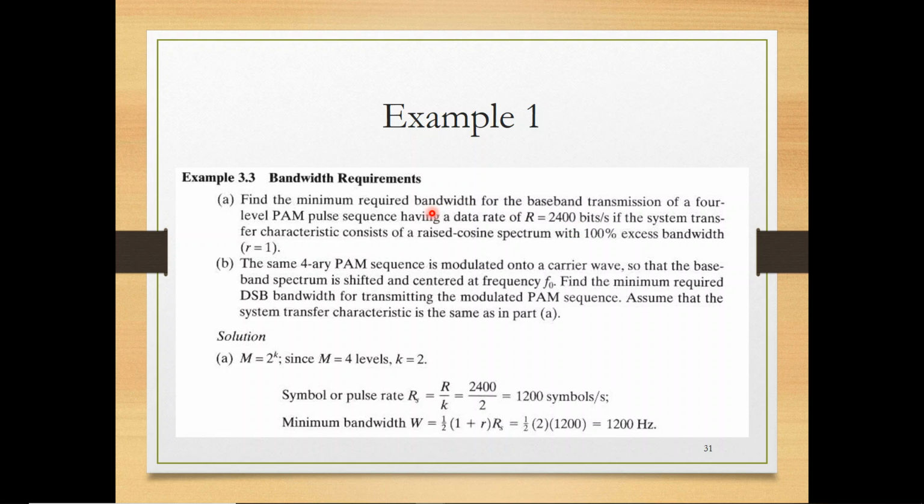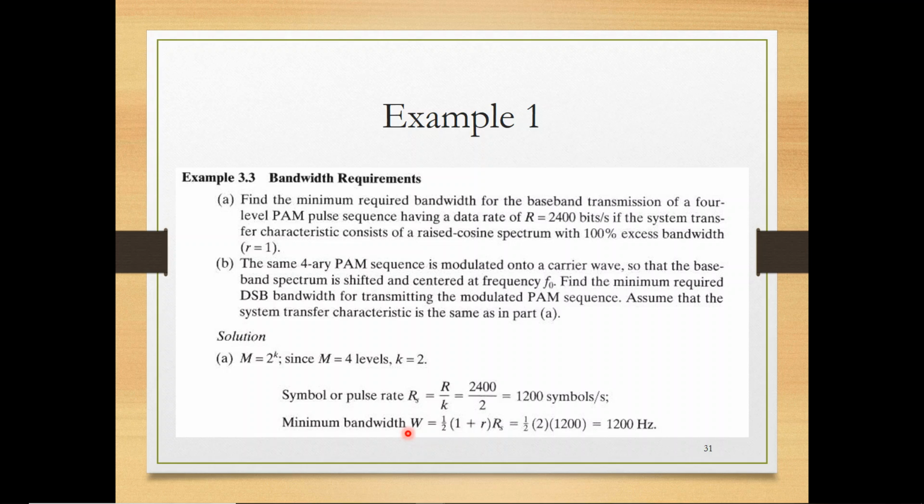So how do you find the symbol rate? Divide this number by log 2 of the number of levels. How many bits are used to represent each level? 2, because I have 4. 2 to the power of how much equals 4? 2. You divide this over 2, and you get the symbol rate.